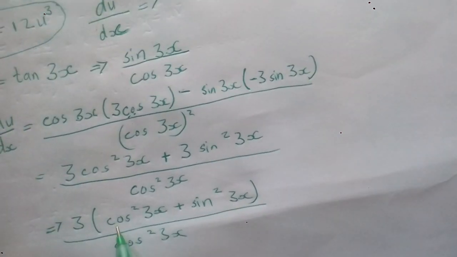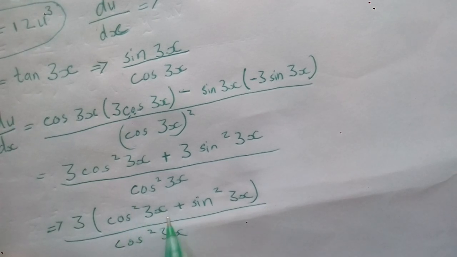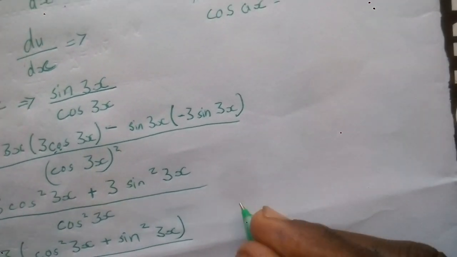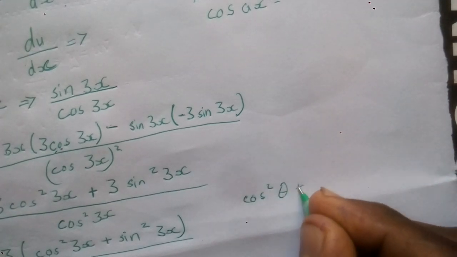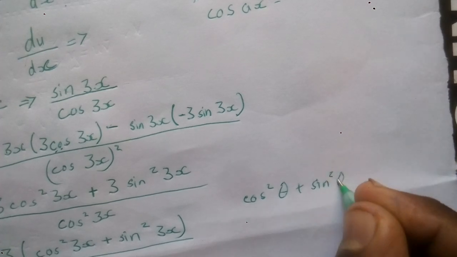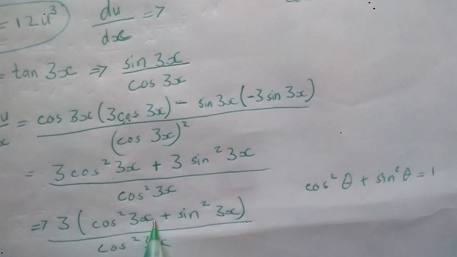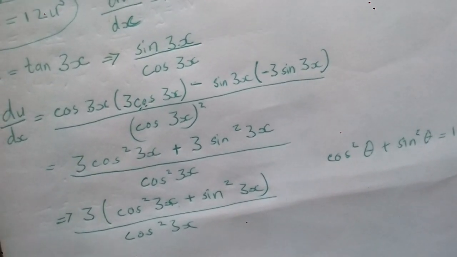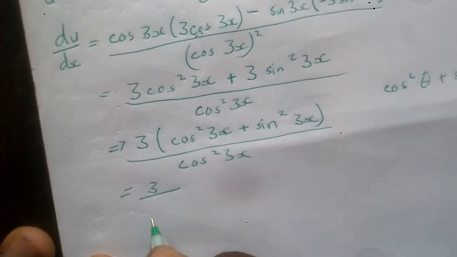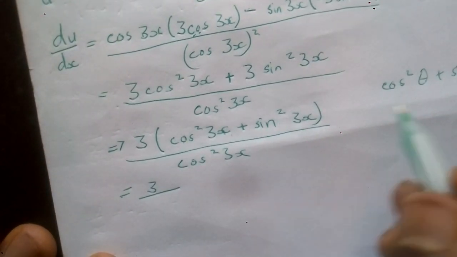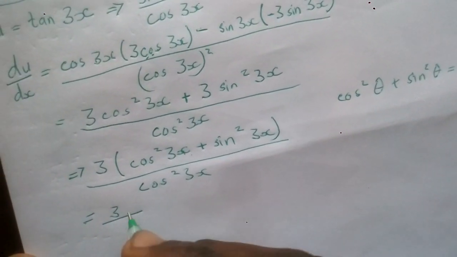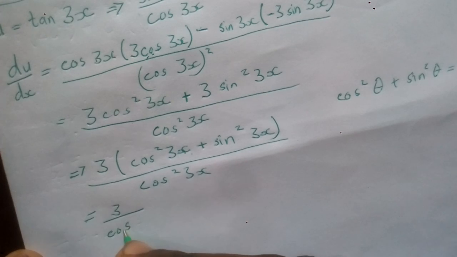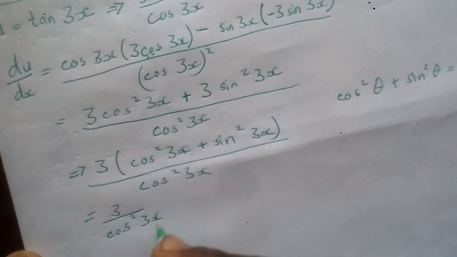Remember, in trigonometry, cos squared theta plus sine squared theta is equal to 1. So we replace this with 1. It will be 3 divided by cos squared 3x.